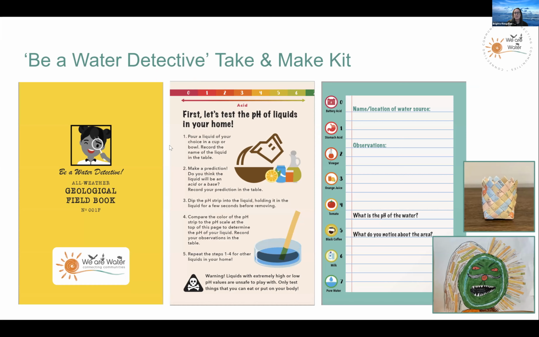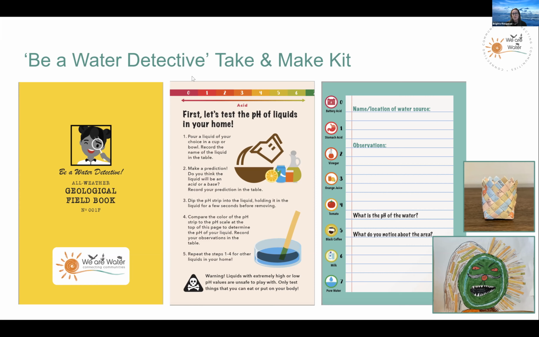So the first thing that I'm going to be talking about is a take and make kit. And so the audience for this kit are youth. It's called Be a Water Detective. The theme of the kit is teaching kids about water quality in their communities. I've pulled a couple screenshots from the kit itself to show you the fun colors and illustrations that are within the kit itself.